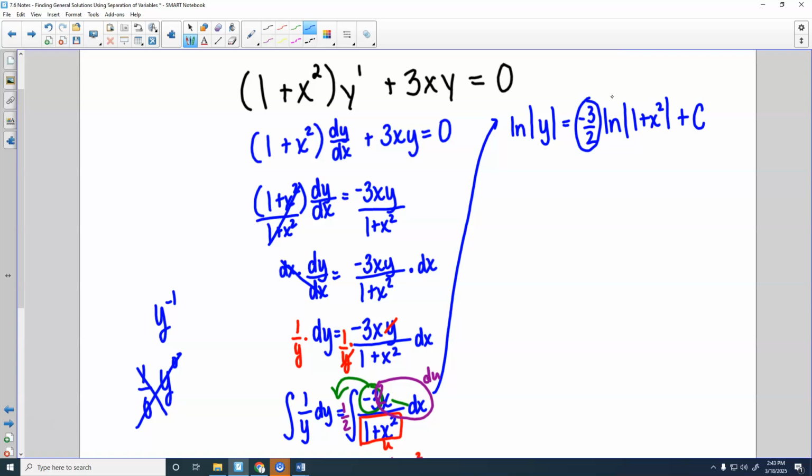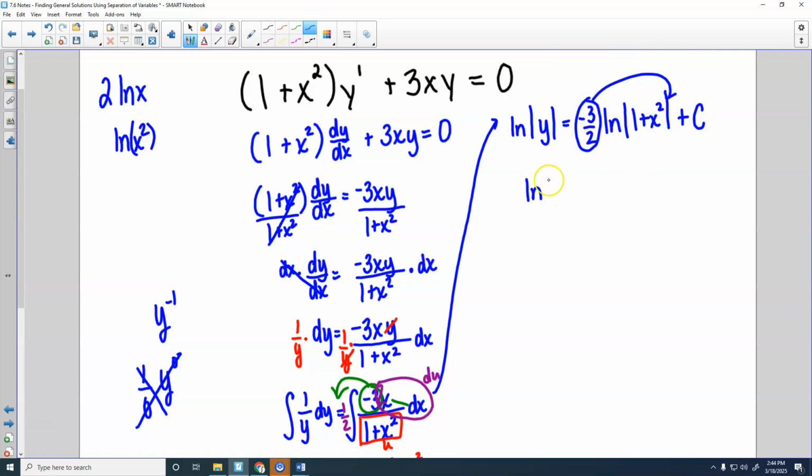There's a log property, which is fresh in my mind because we just did this in pre-cal, but probably less fresh in your mind. It's the exponent. You bring that in as the exponent. So like if you have 2 natural log of x, you could write that as natural log of x squared. So that's the property I'm using here.